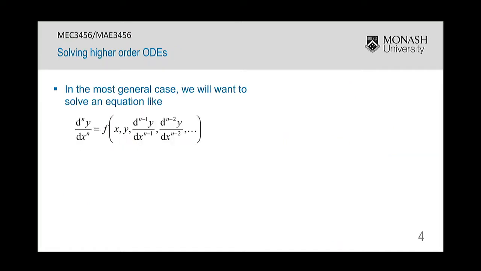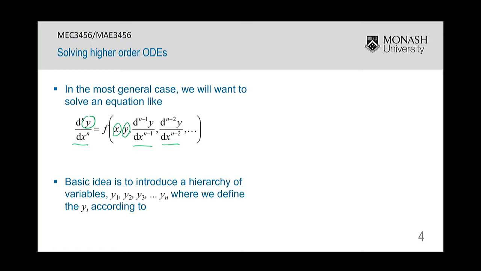So in the most general case, we're going to want to solve an equation that looks like the following: that the nth derivative of our unknown function y is equal to some function of x, of the solution itself, and of all of the derivatives of the solution. So that's the general equation we're going to want to solve.